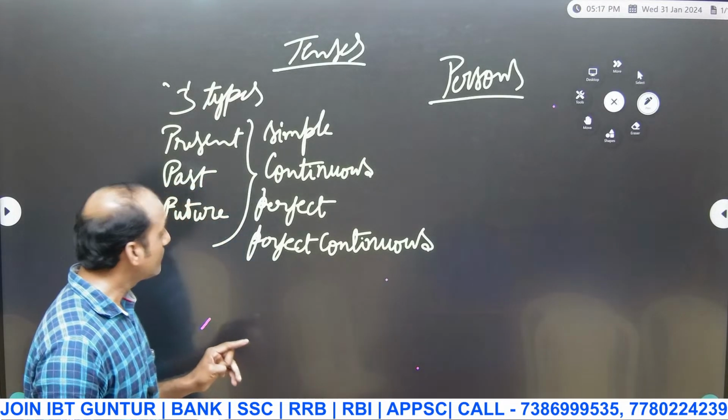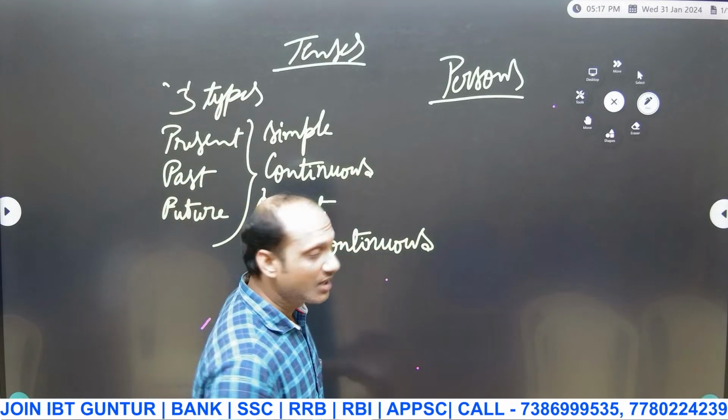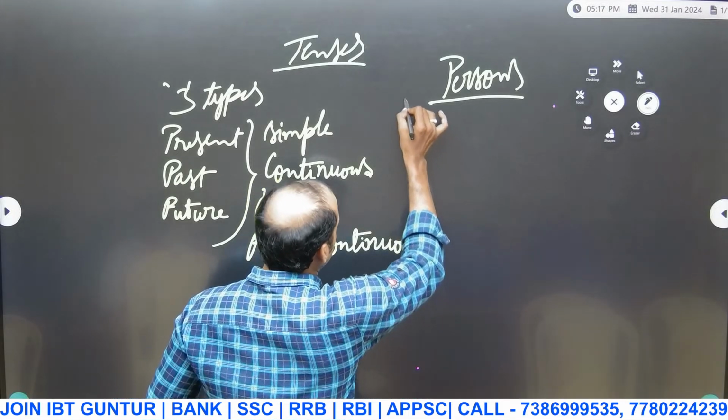Okay? So, persons are of three types and a person can be addressed in two ways.